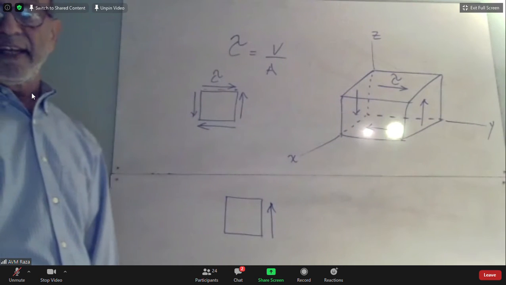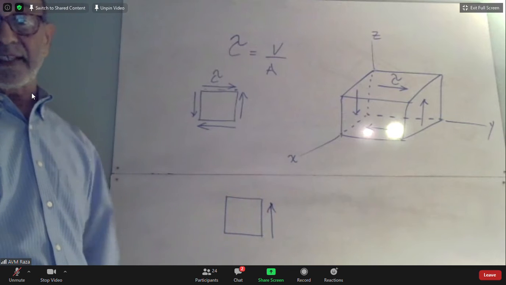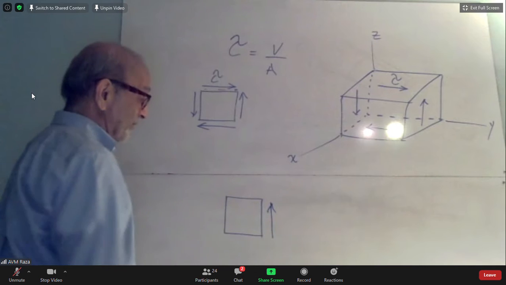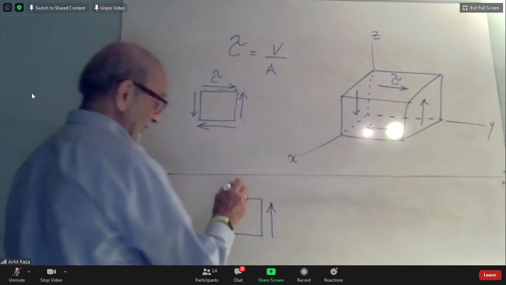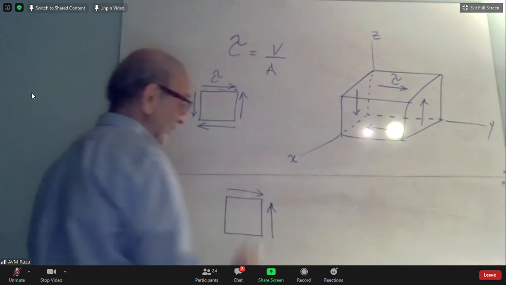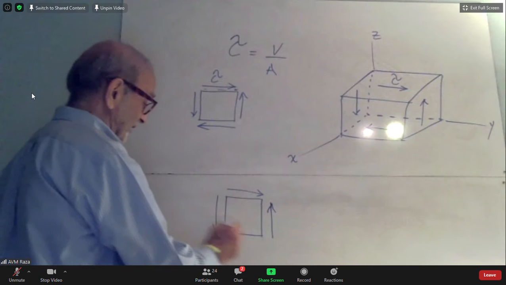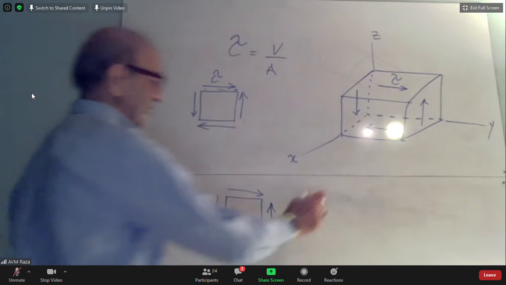Now, to make it in equilibrium, you should be able to complete all the other three taus and their correct directions. For example, if this is the tau I have given you, then what will be the direction of tau on the top surface? To balance that, it will have to be like this. And then the other two surfaces would be something like this. But it turned out to be exactly the same.